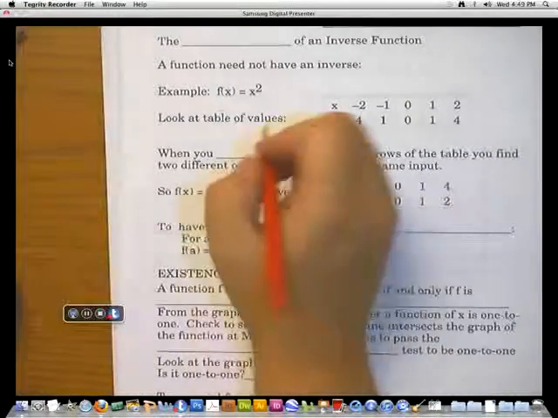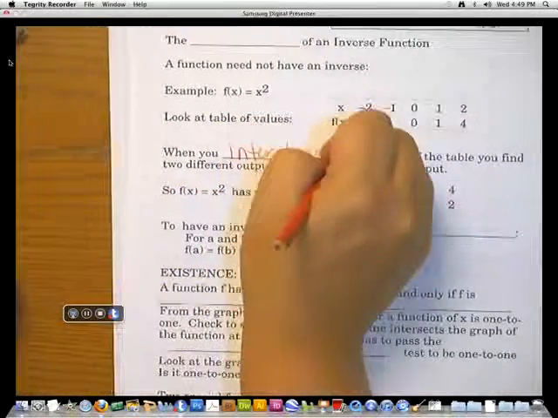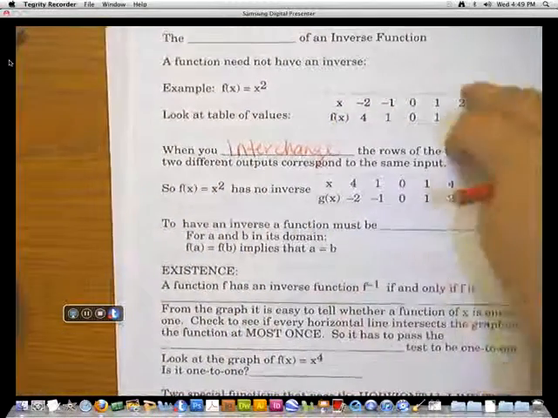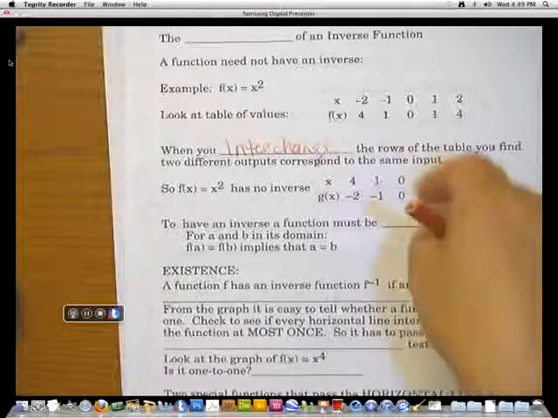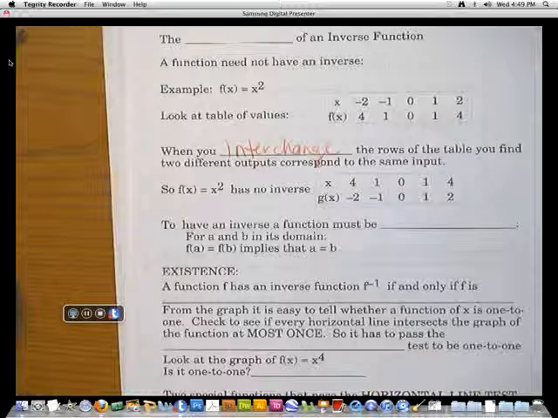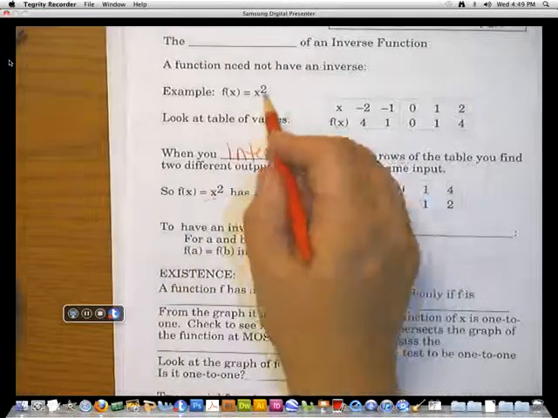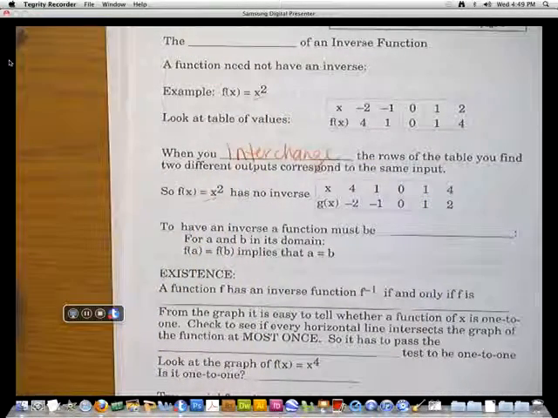And when you interchange the rows in the table, meaning flip them, make the x's the y's and the y's the x's, our outputs do not correspond to the same inputs. So we say f of x, in this case, f of x equals x squared, has no inverse.